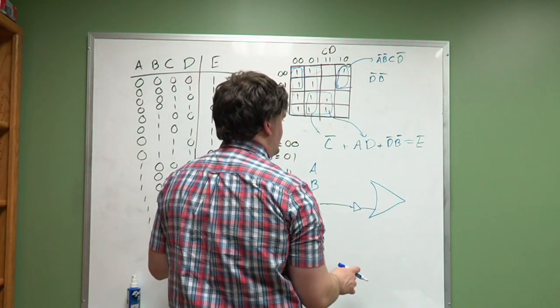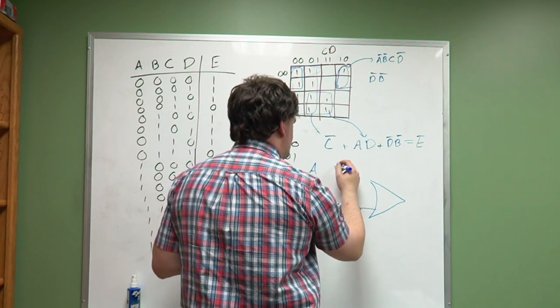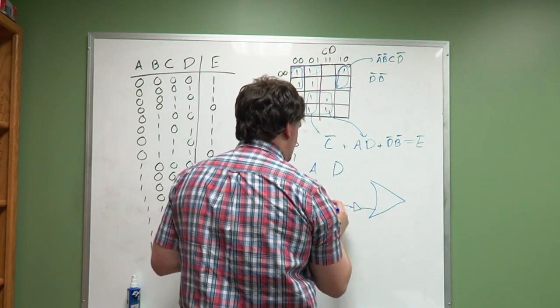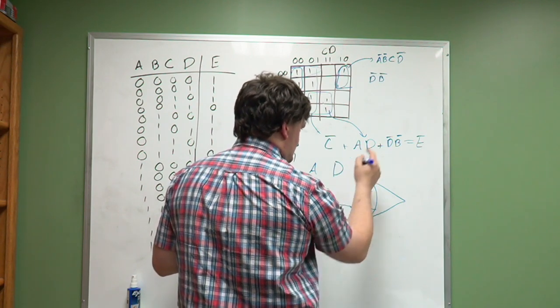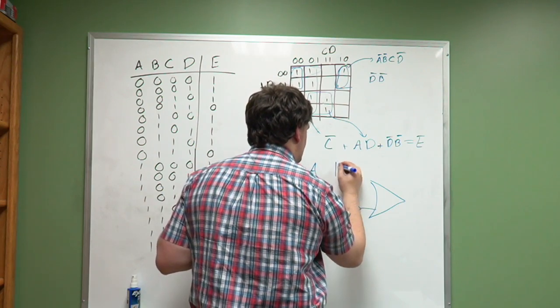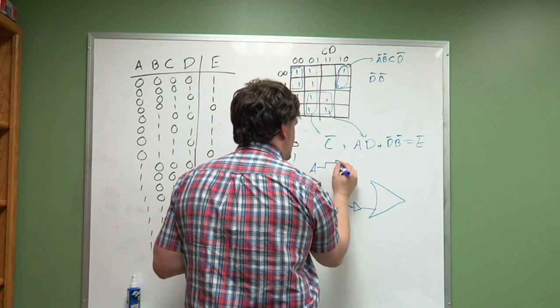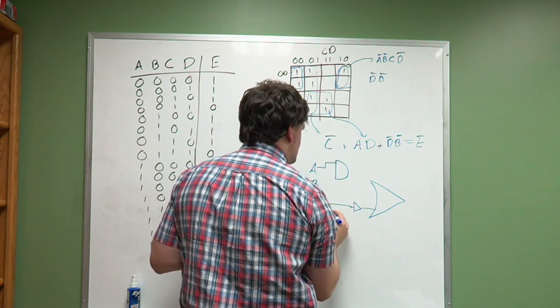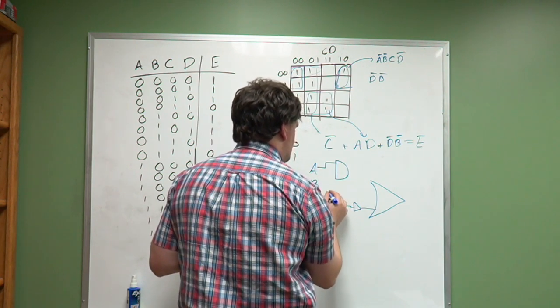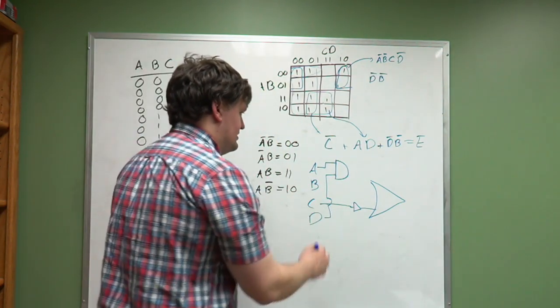Inverter goes into the order. I'm going to go ahead and draw it up here. C naught, P naught, we'll go ahead and draw that. Okay, here, like that. Jumps over the C-wire.